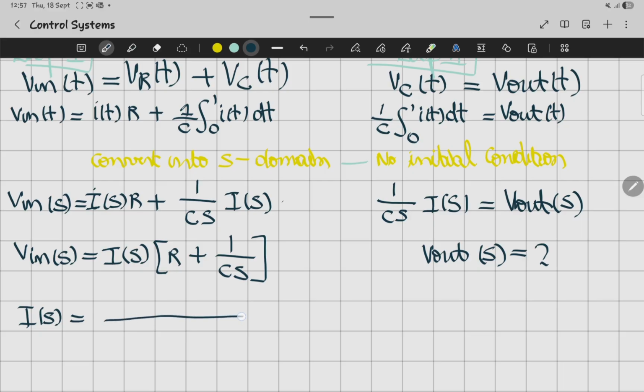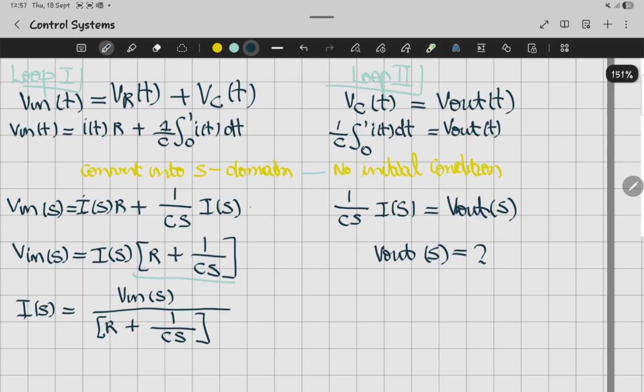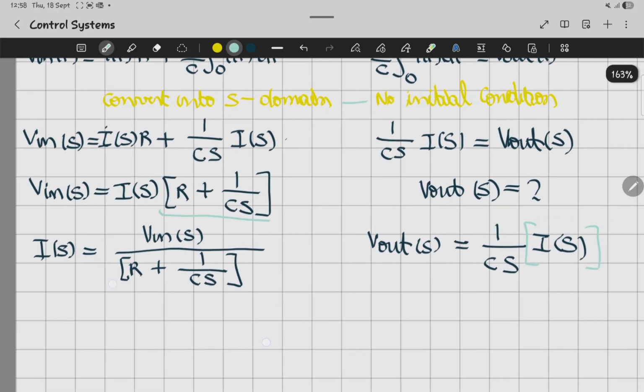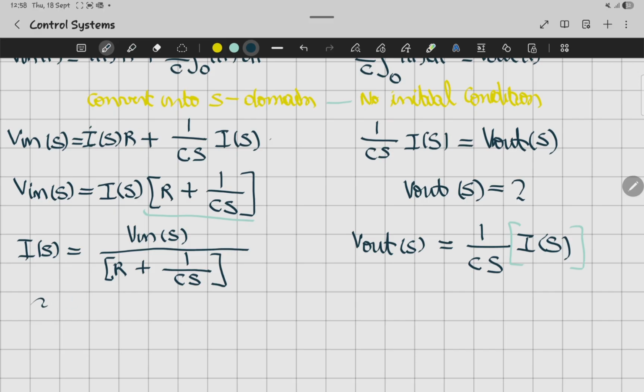We divide both sides by this equation here, so it gives us V in of S over R plus 1 over CS. And this is the equation we got for V out, equal to 1 over CS I(s), and we need to replace the value of I into this equation. Before we get to that, we need to define what our V in is.